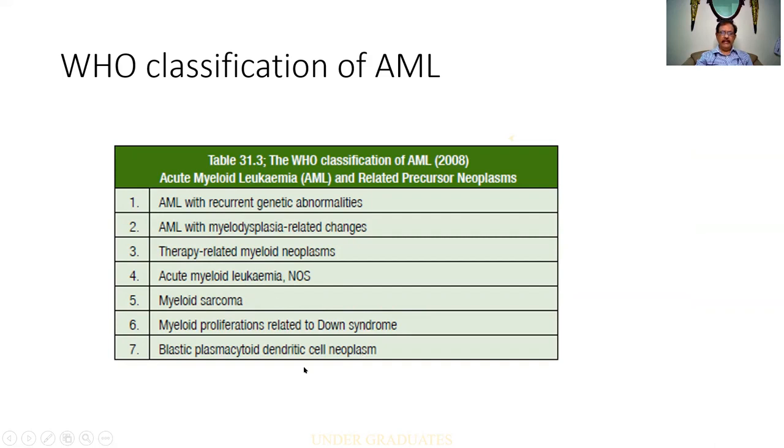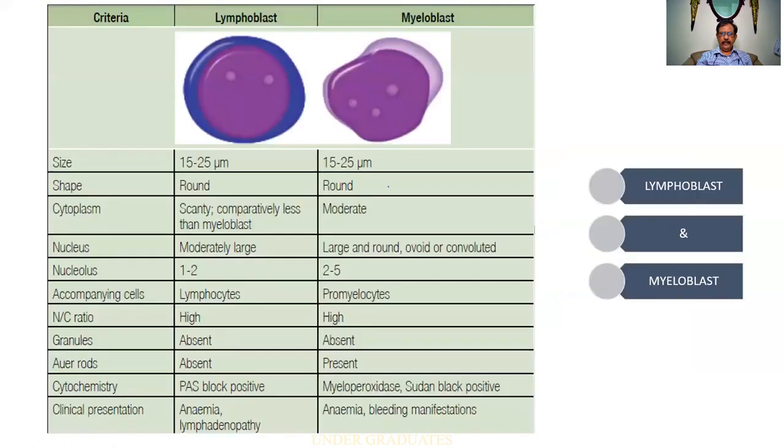All these things you people will have to write. So there are 2 methods of classifying. In WHO, there has to be 20% blast, whereas in FAB classification, that should be 30% blast in the peripheral blood. So this is important for us.